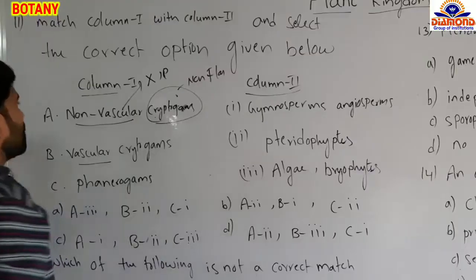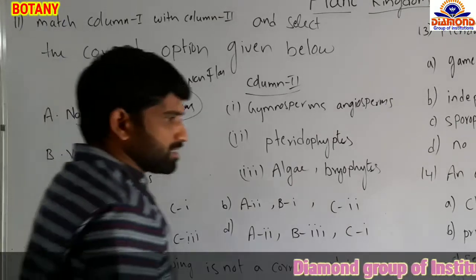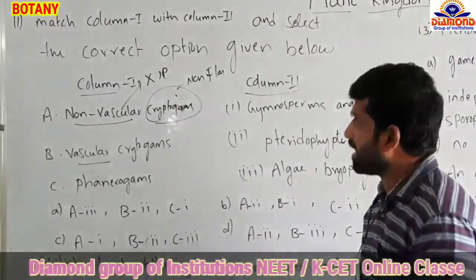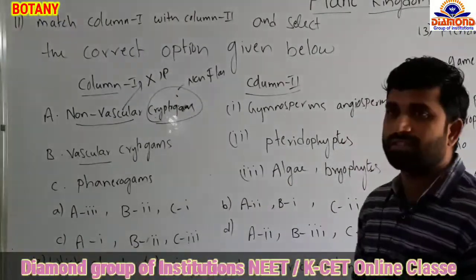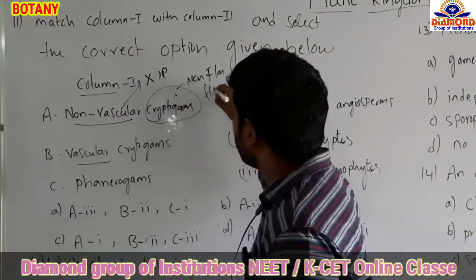Under the non-vascular cryptogams are algae and bryophytes. Bryophytes and algae do not have vascular tissues, and they do not produce flowers. So that's why the examples of non-vascular cryptogams are algae and bryophytes. In vascular cryptogams, vascular tissues, xylem and phloem, are present.